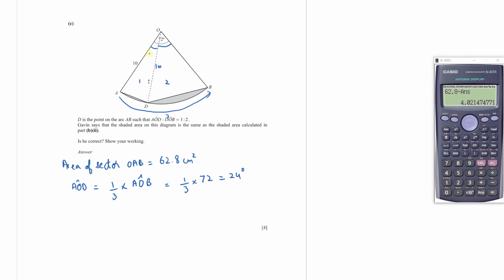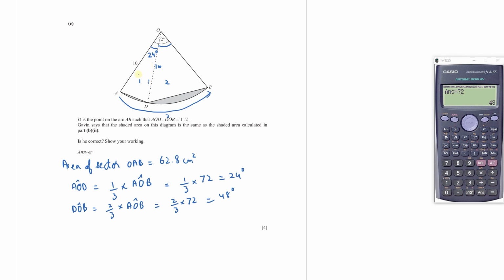So this angle here is 24 degrees. And then we can also find the angle DOB. So angle DOB is 2 over 3 of angle AOB. So 2 over 3 into 72, which is 48 degrees.